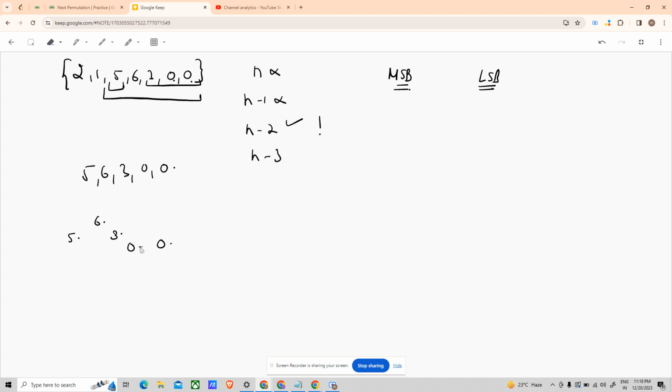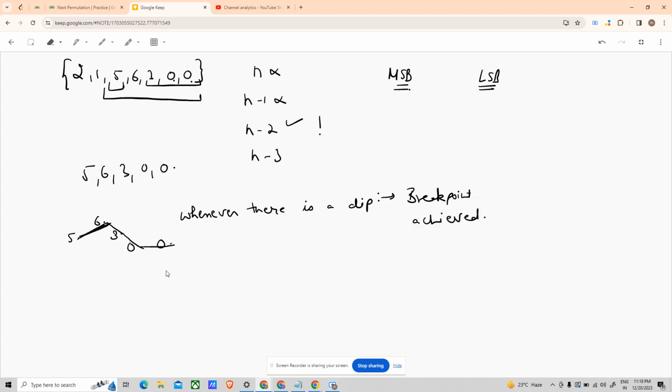So the graph looks something like 0, 0, 3, 6, and then there is a dip. So I'm able to figure out that whenever there is a dip, the breakpoint is achieved.